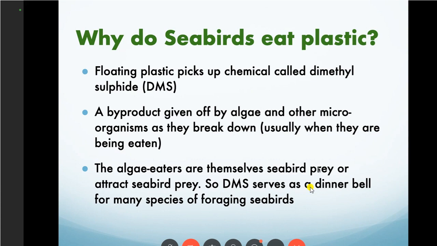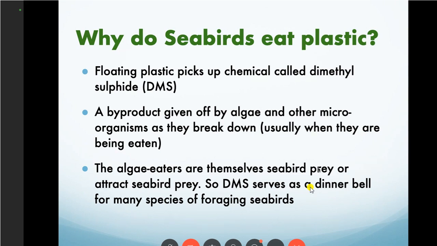To understand this a little bit more, let's take an example of a krill or a shrimp. Let's say a shrimp is feeding on some plankton in the ocean. The moment that happens, DMS is given out as a byproduct of the eating, and the birds can really smell this DMS.